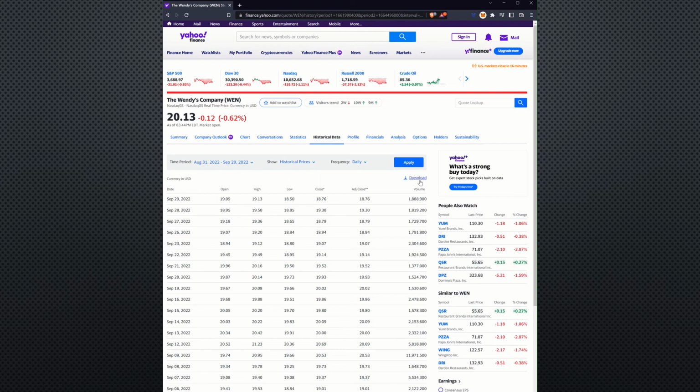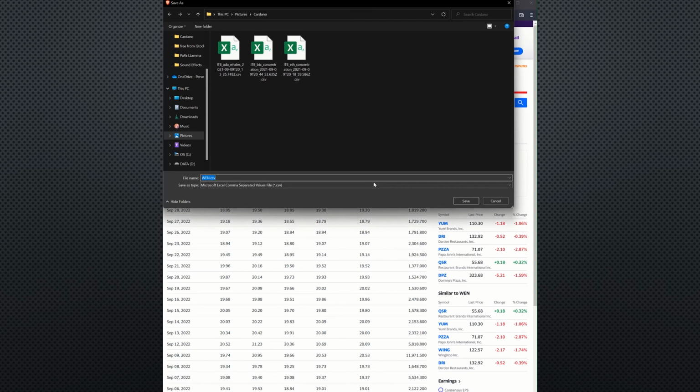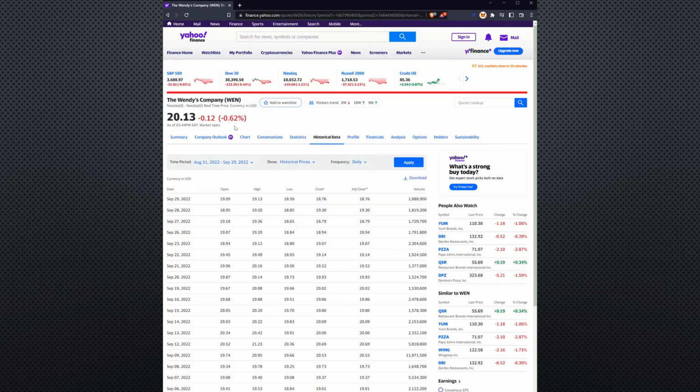Put it in a subfolder that you can easily find as fast and as quickly as possible. If you're doing this on a PC, you will go ahead and click download, and you will get the traditional save as window, and you just have to come in through here and figure out where you want to save it, and it will take you there.